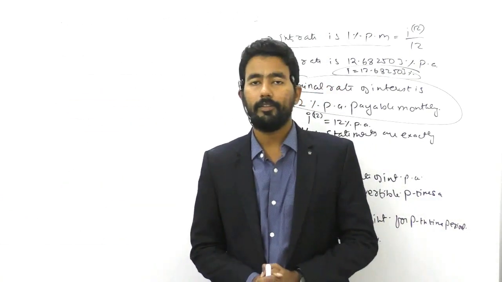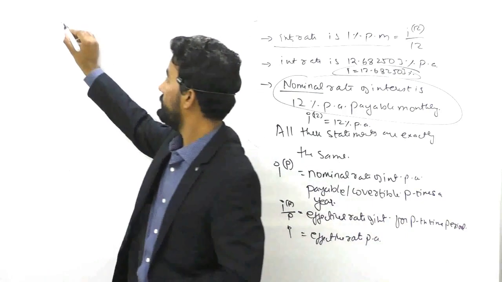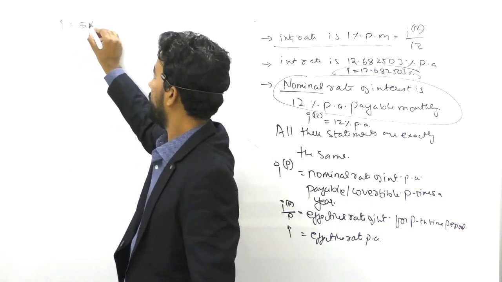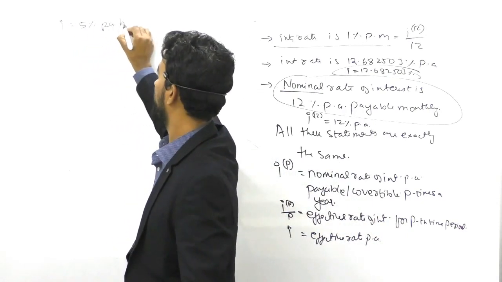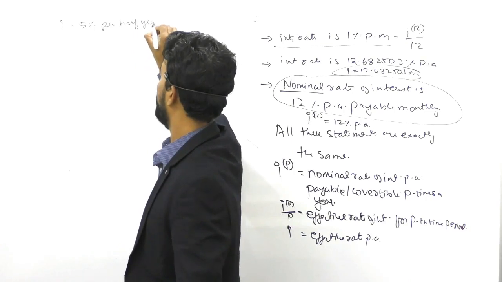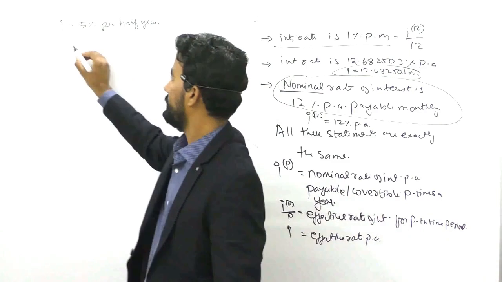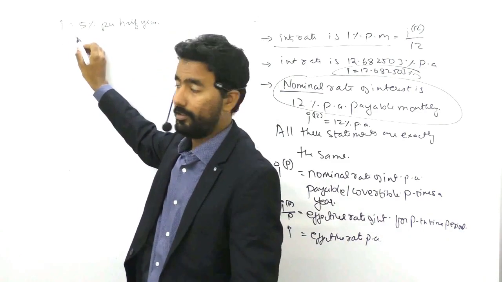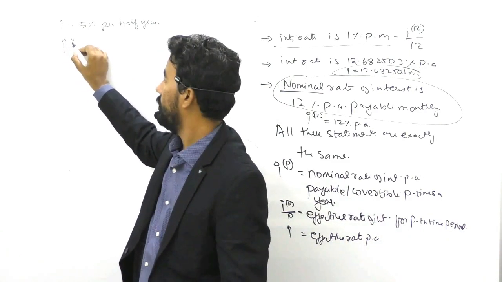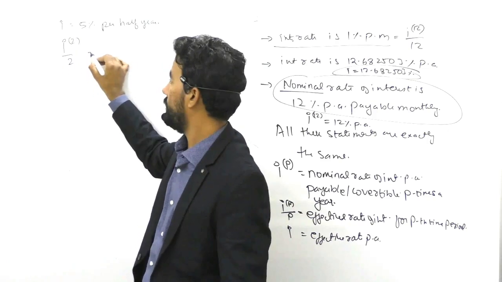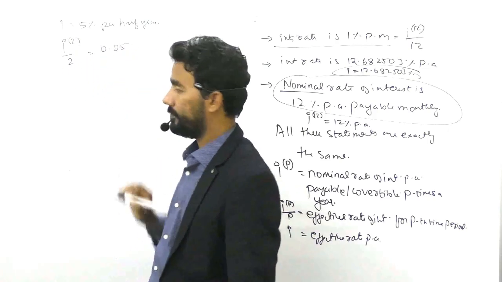So if I take the interest i as 5% per half year, the frequency here is twice in a year. So I can write i2 upon 2 is 0.05.